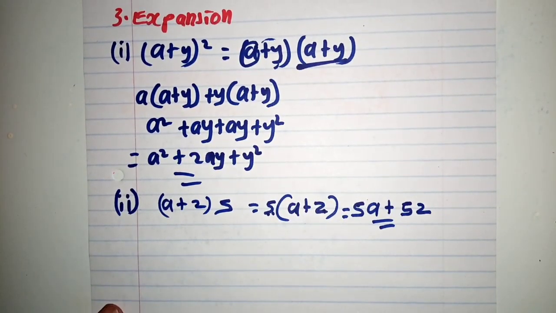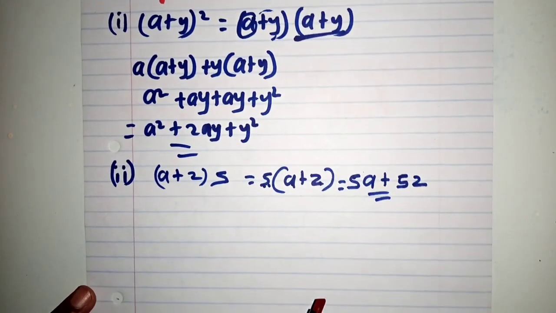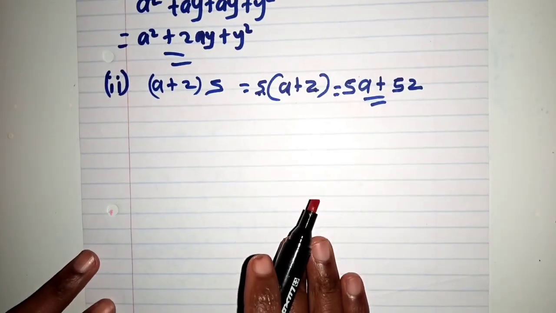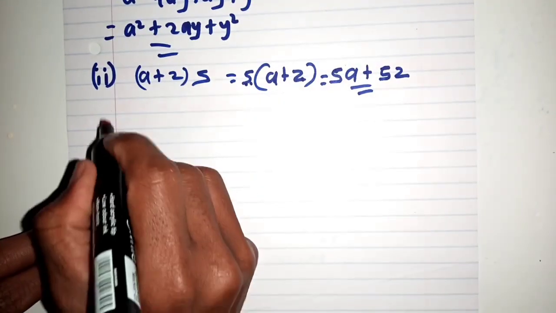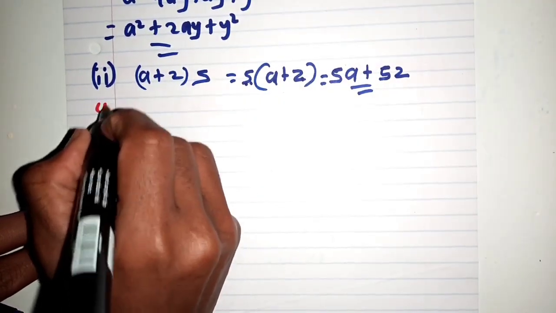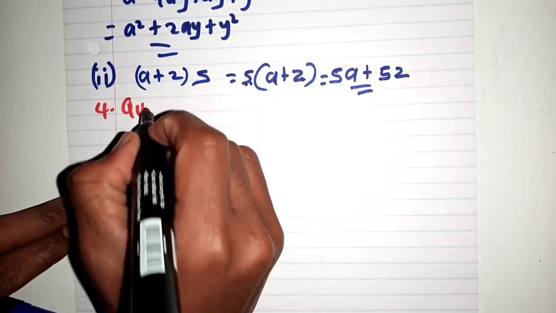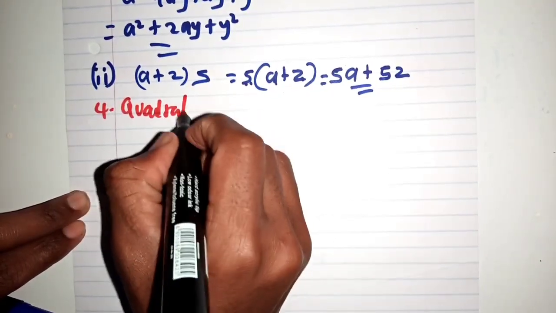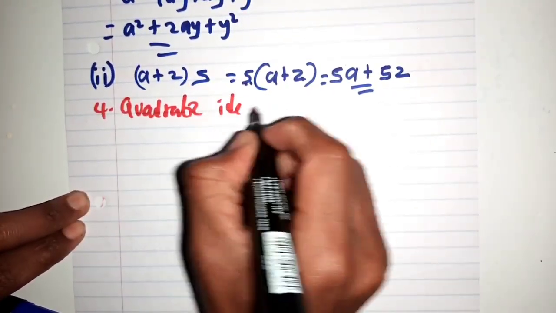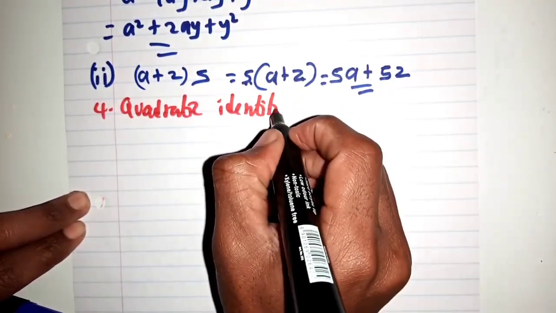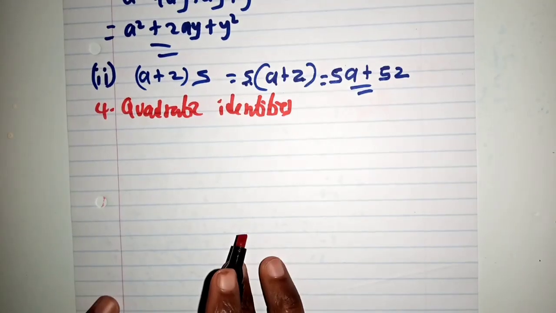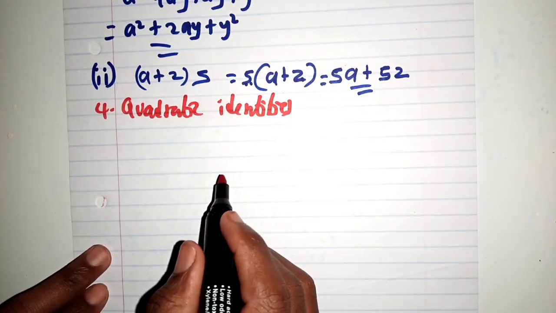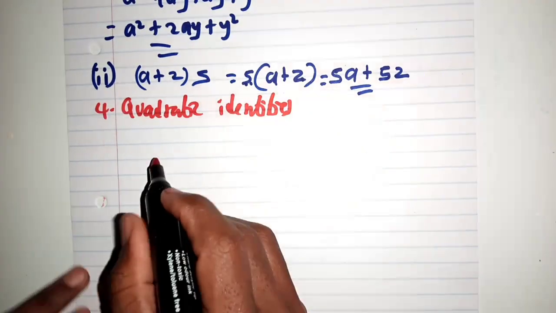Now let's look at quadratic identities and see how they operate. Number 4, quadratic identities. Now these are truths which hold whenever they are applied.